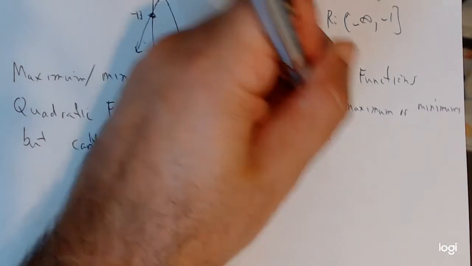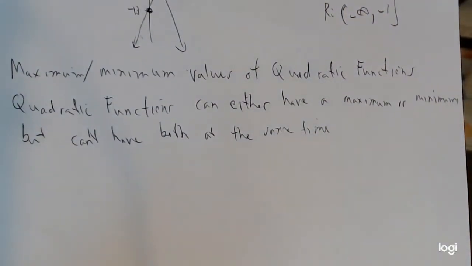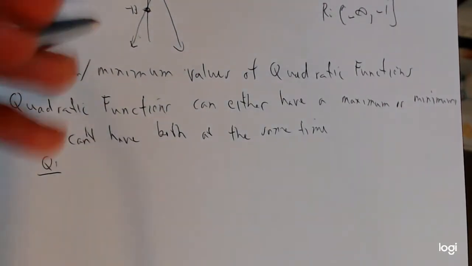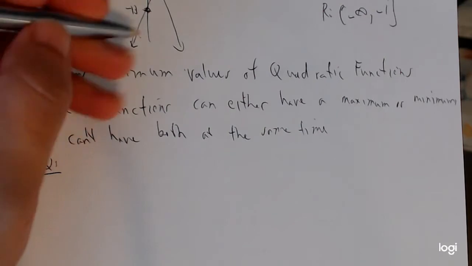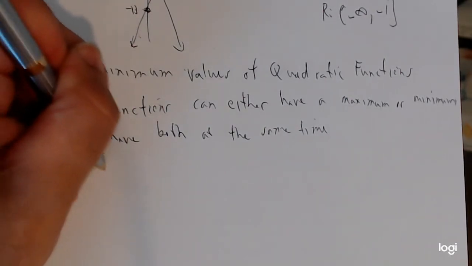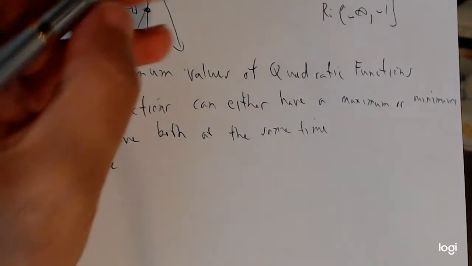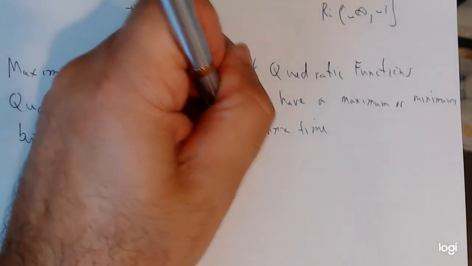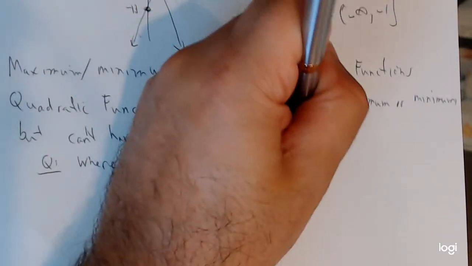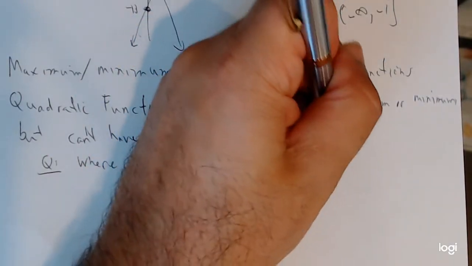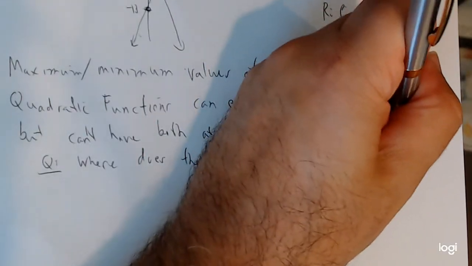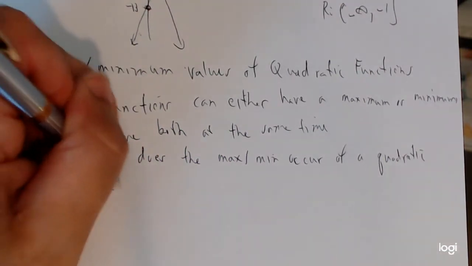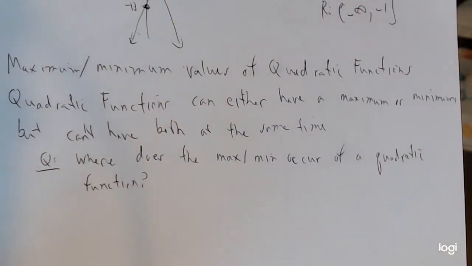So that brings us to our first question for you. After I ask this question, you might want to pause the video, think about it, and then press play and see if your answer matches up with mine. So where does the maximum or the minimum of a quadratic function occur?